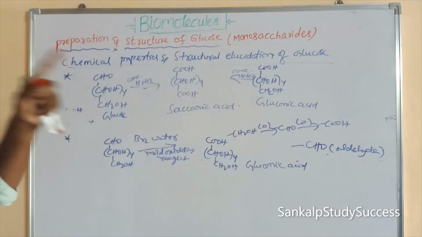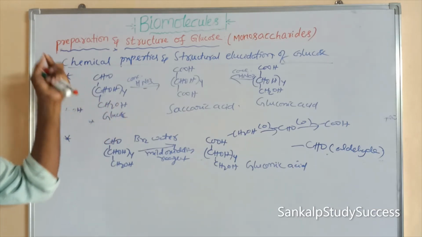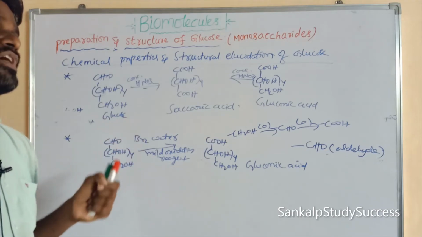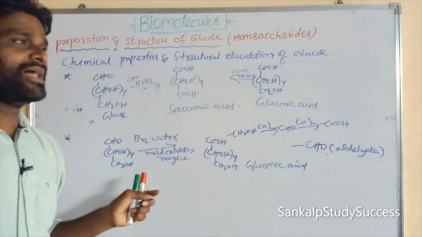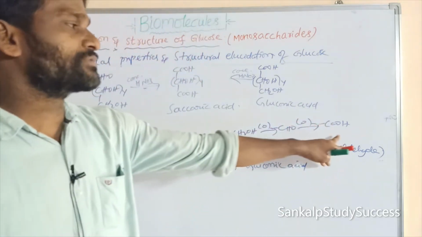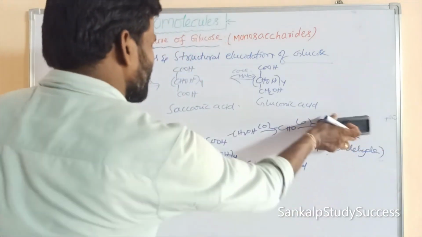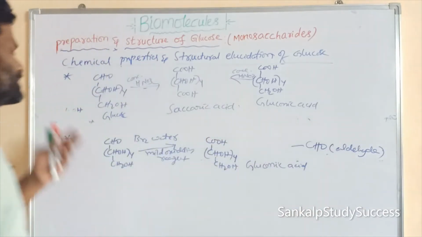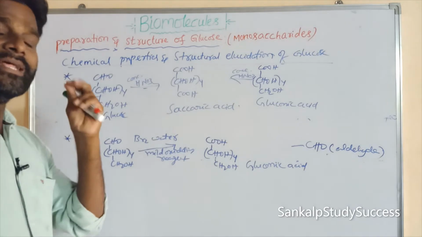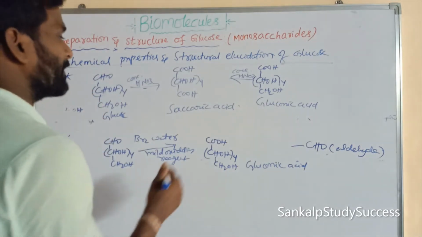But in this case, the CH2OH is oxidized because it is a strong oxidizing reagent. In the presence of a strong oxidizing reagent, the primary alcohol is first converted to aldehyde, which is again oxidized to COOH. So this reaction suggests that glucose contains a primary alcohol functional group.